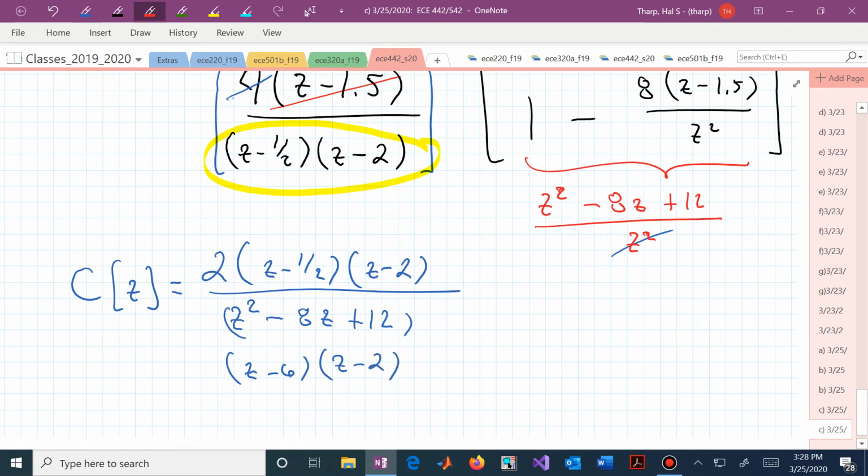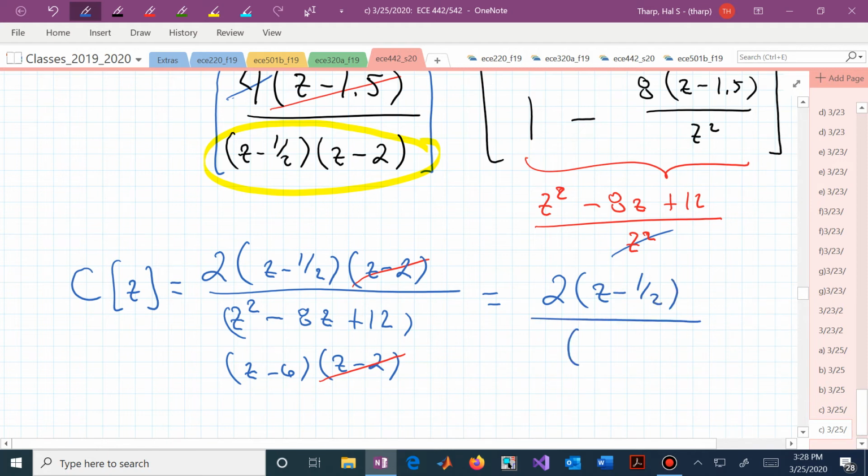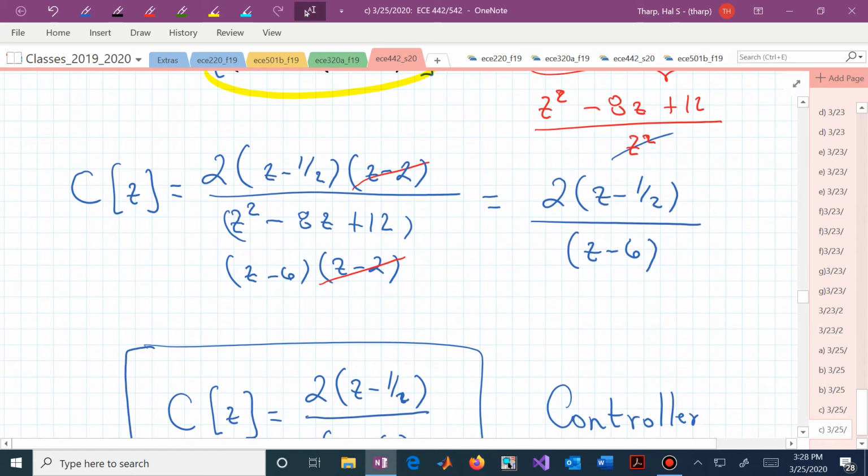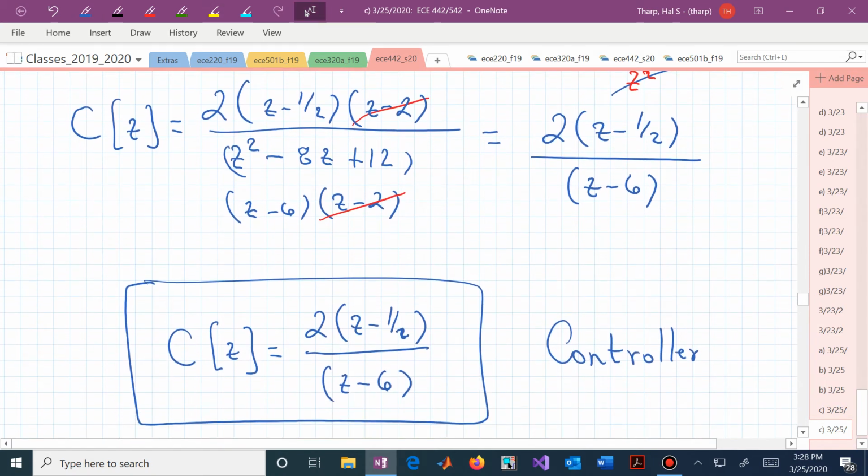And that's what we wanted. Now we've eliminated the possibility of that unstable pole being canceled, and our controller now is 2 times z minus 1/2 over z minus 6. We now have a first order controller.